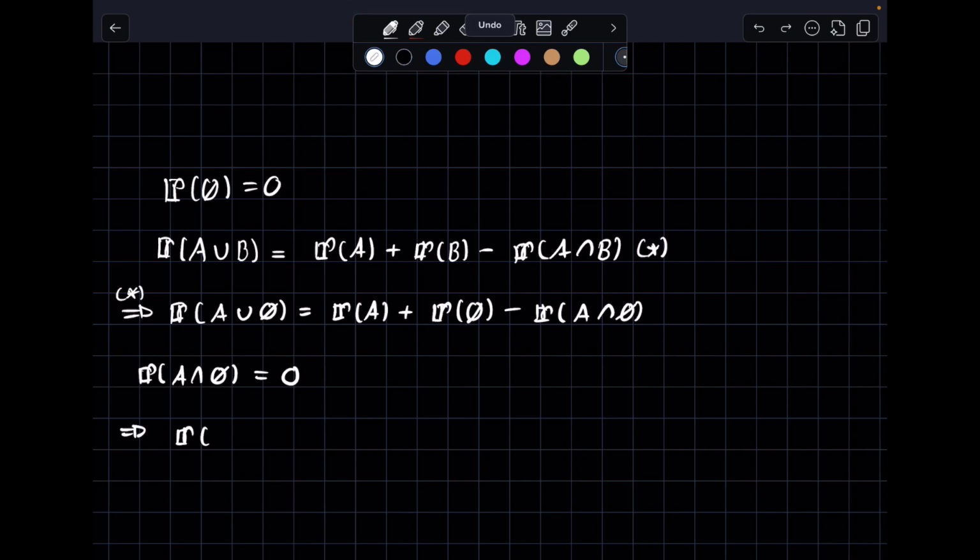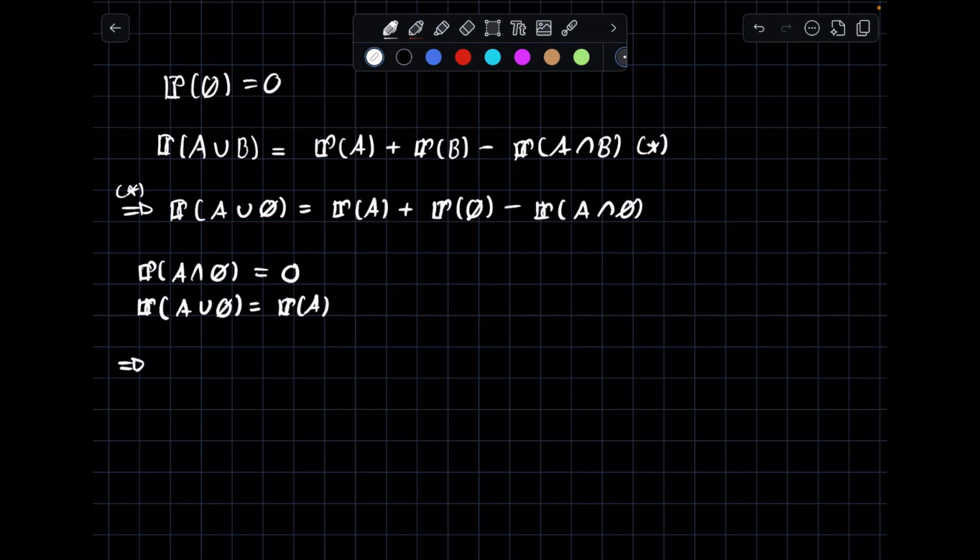Well, basically, also we have to remember, I forgot to write this thing here. We have to remember that any union with an empty set is simply going to be just a set, right? So if we take these two, we can say that PA is equal to PA plus P of the empty set minus 0, right?